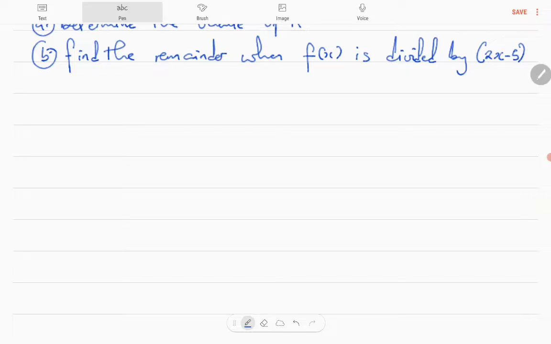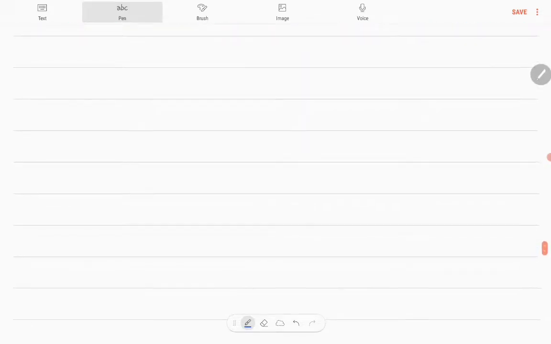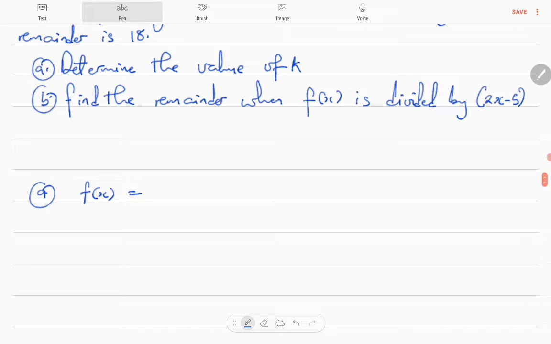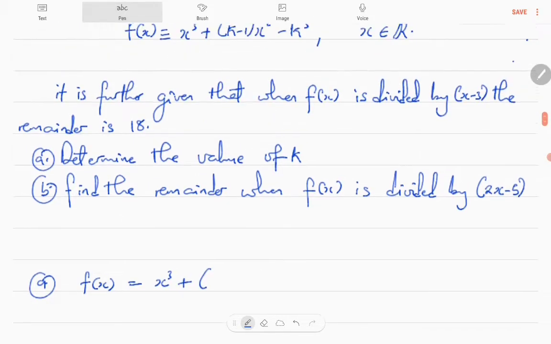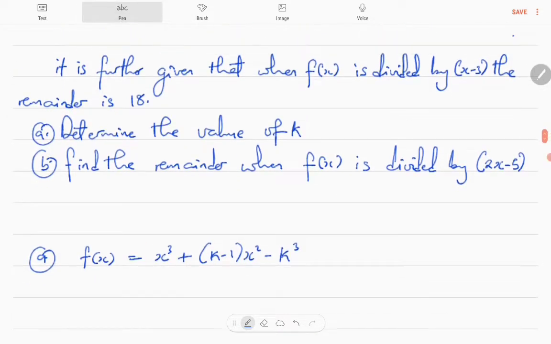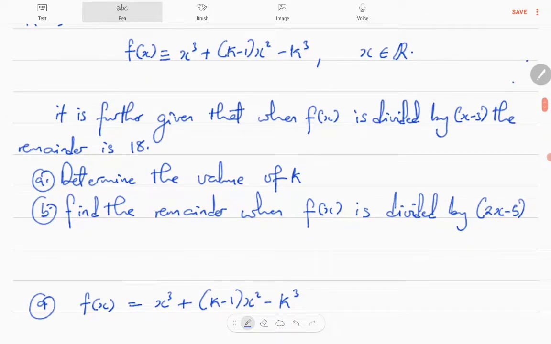So we have the function f(x) as x³ + (k − 1)x² − k³.